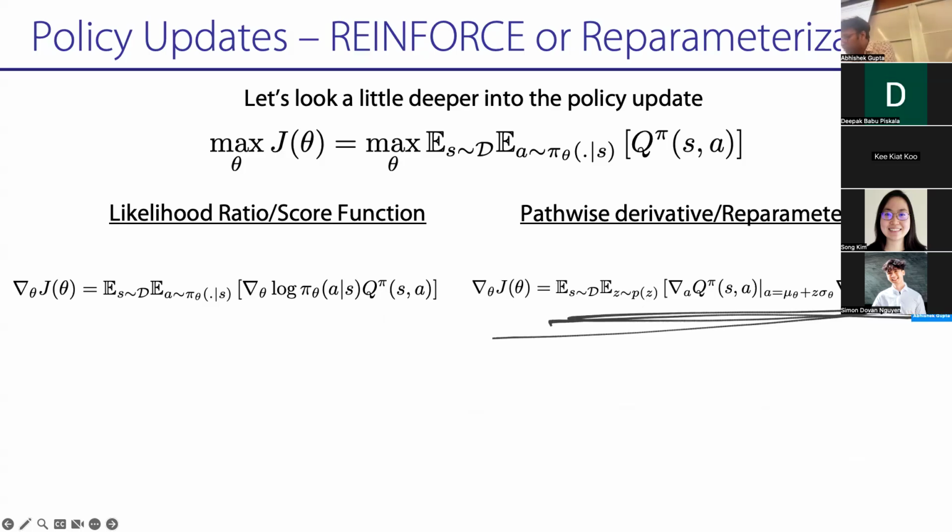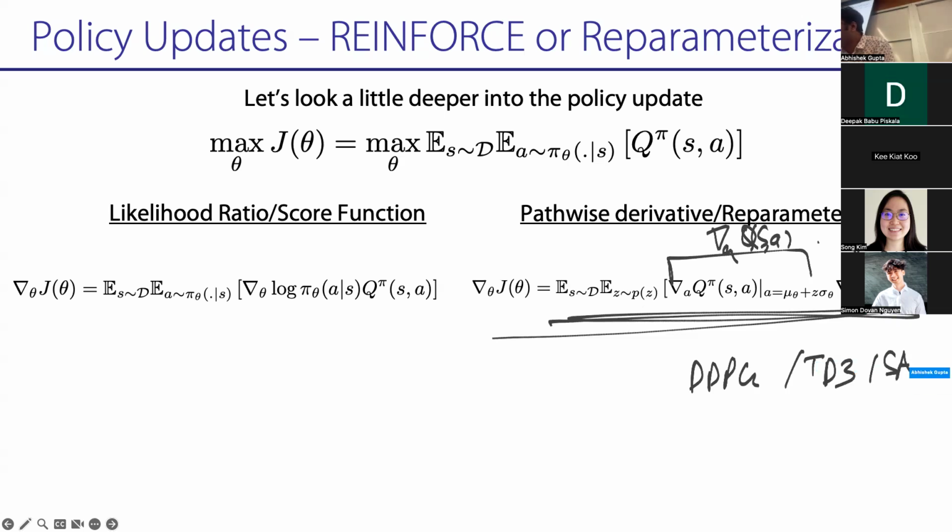This is grad of Q(S, A) with respect to A, and this is grad of A with respect to theta. This is the algorithm called DDPG, the algorithm called TD3, even SAC. All of them basically use this reparameterization gradient, which passes things all the way through, and you don't have to do this grad log pi stuff.